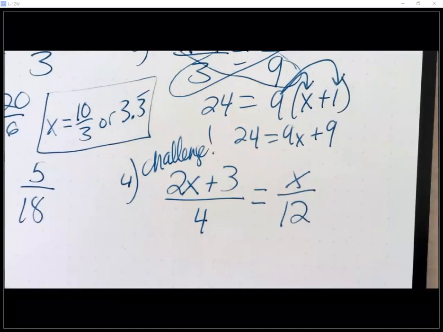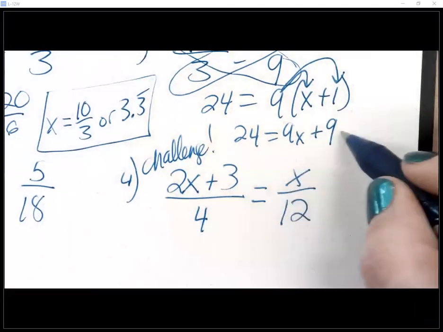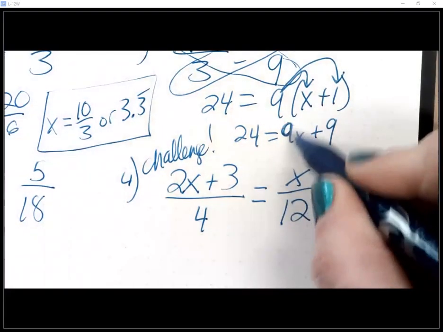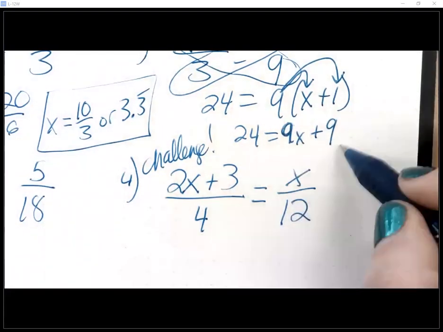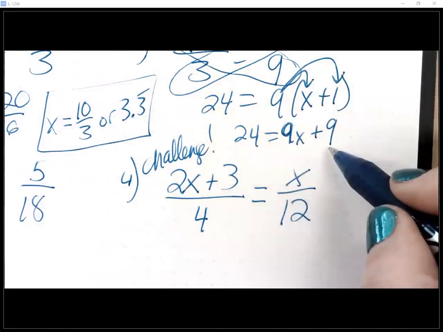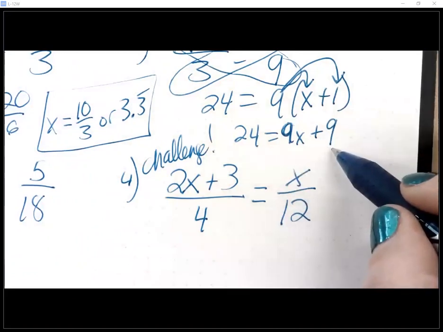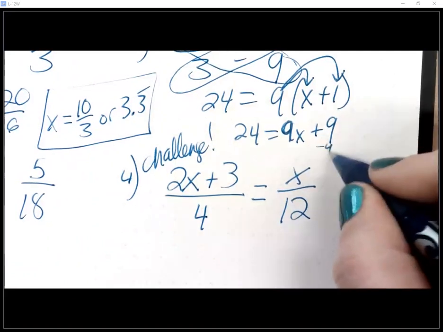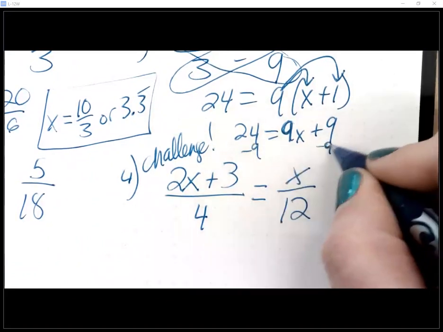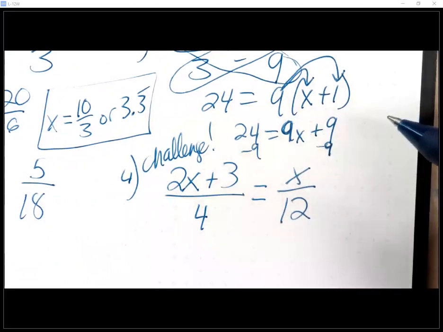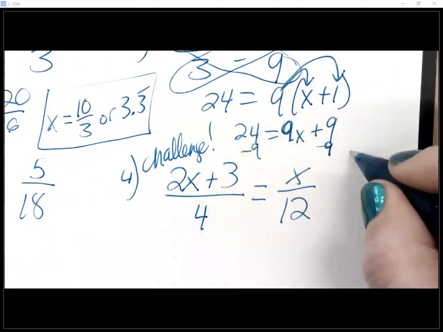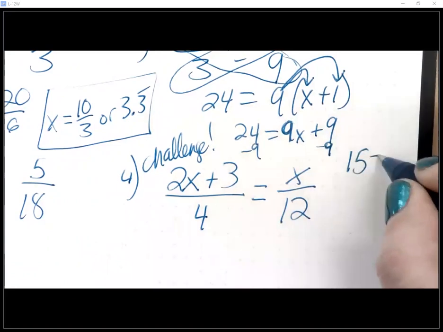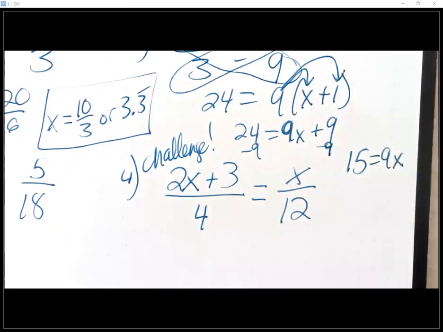Right here. So what would I do to solve for x now? What's my next step? That's a plus already. Yeah, minus 9 from both sides. So 24 minus 9 is 15. So now we are at 15 equals 9x, and all I have left to do is divide by 9.